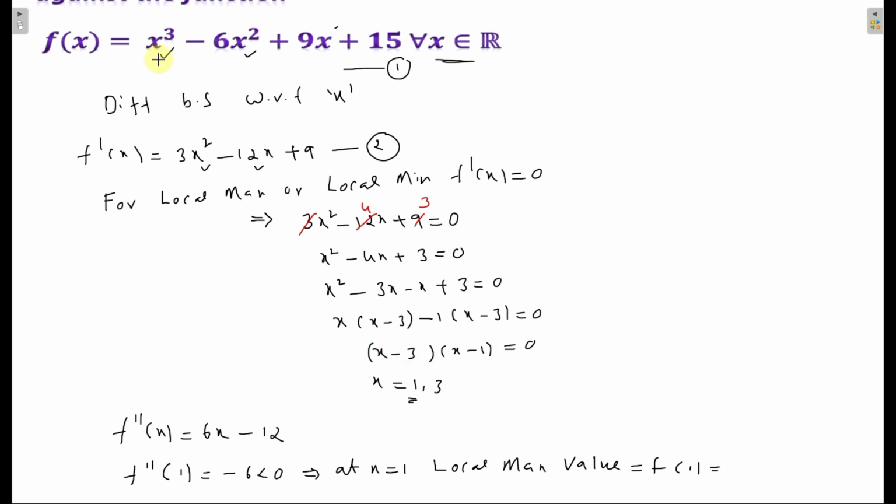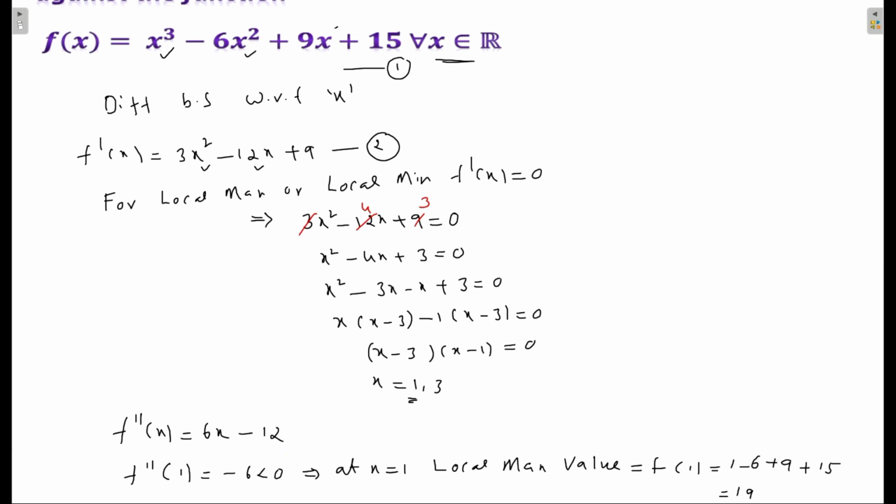Find out f of 1 value, substitute x is equal to 1 here. 1 cube means 1, 1 square is 1, 1 into minus 6 is minus 6, 9 into 1 is 9, plus 15. So on simplification I will get 9 plus 1 is 10, 10 plus 15 is 25, minus 6 is 19. So local maximum I got 19 here.